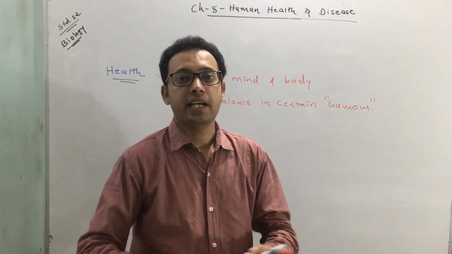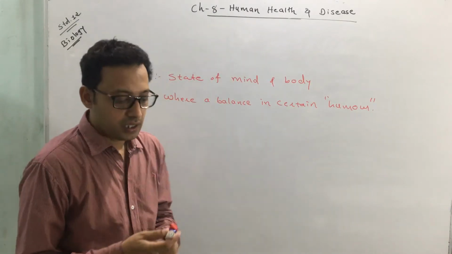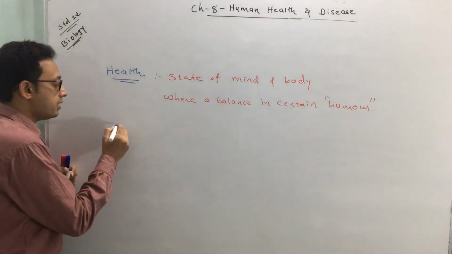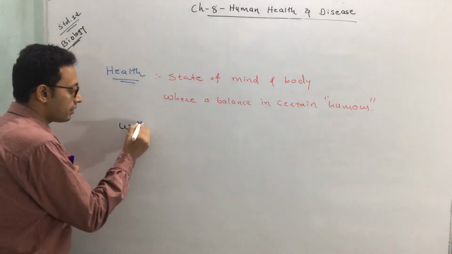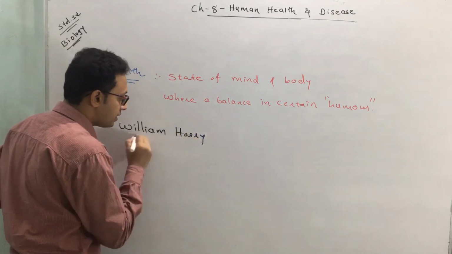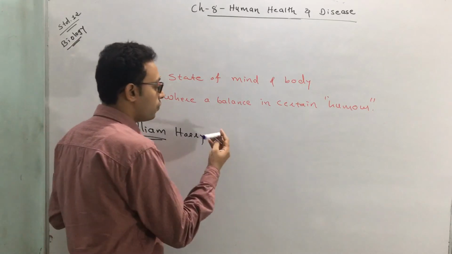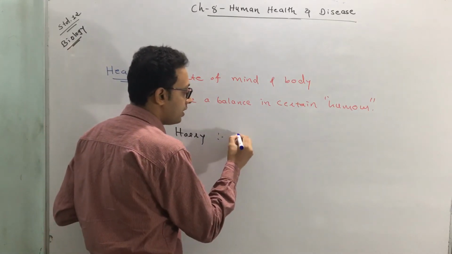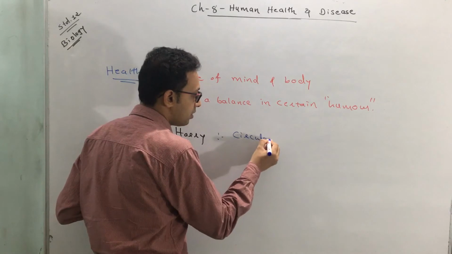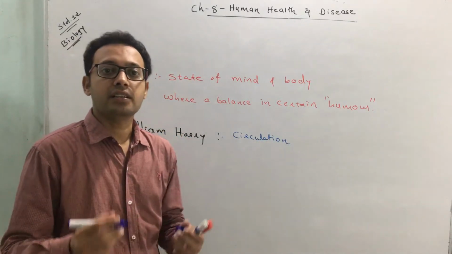But as science advanced and new discoveries were made, a scientist called William Harvey discovered a specific system. What system? He discovered circulation with a specific experiment on a body.